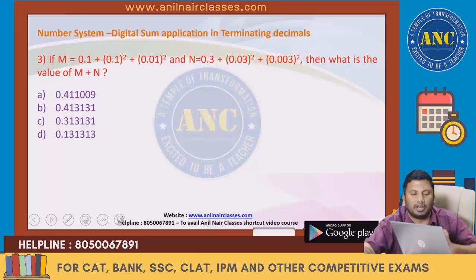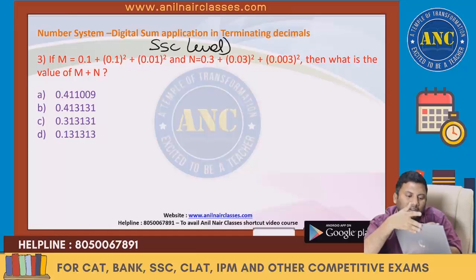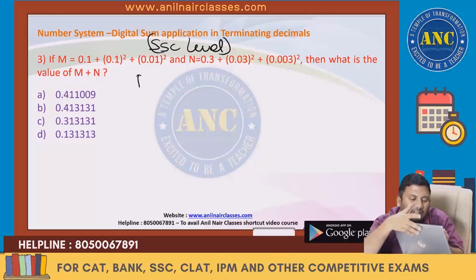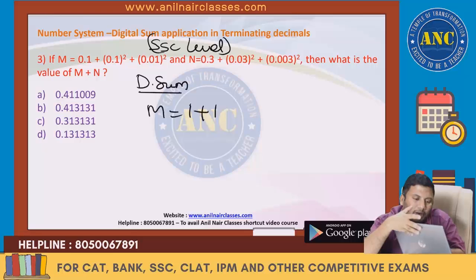Next one, again an SSC level question, Staff Selection Commission level. Most of the students found it very difficult. It is not difficult, you just don't know the approach. Use the digital sum approach. M is 1 plus 1 plus 1, M is 3.